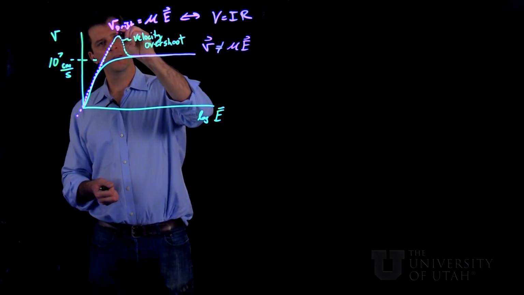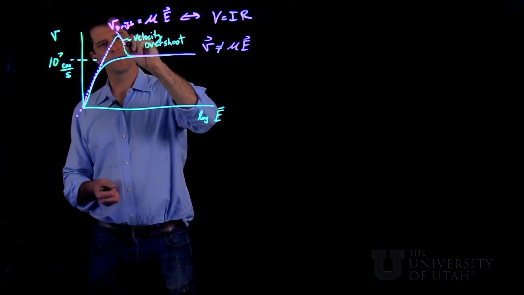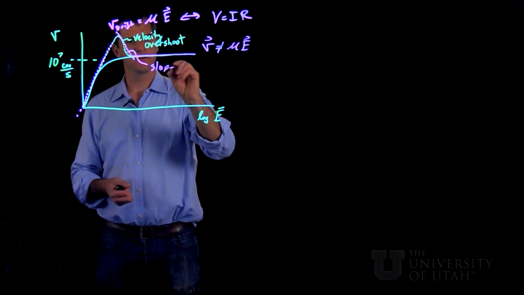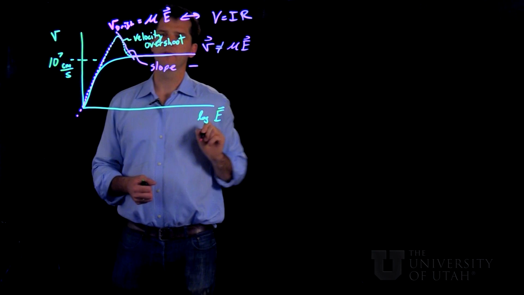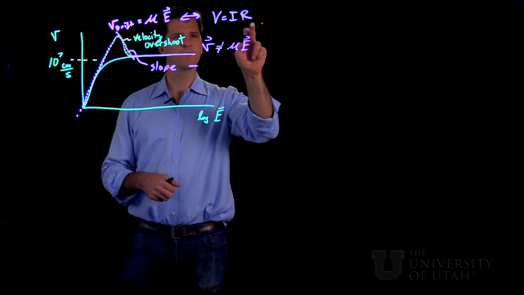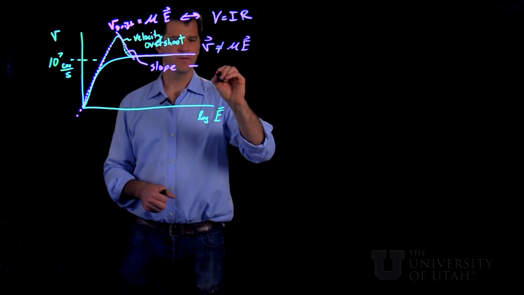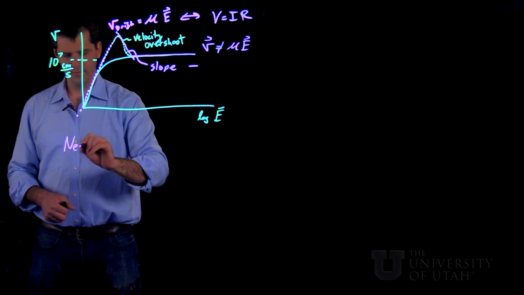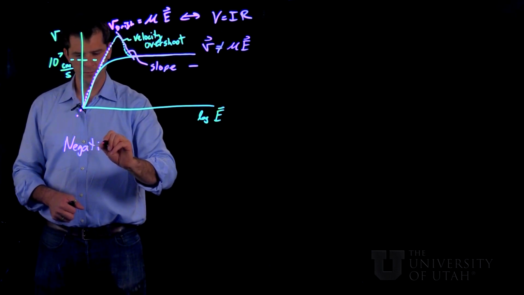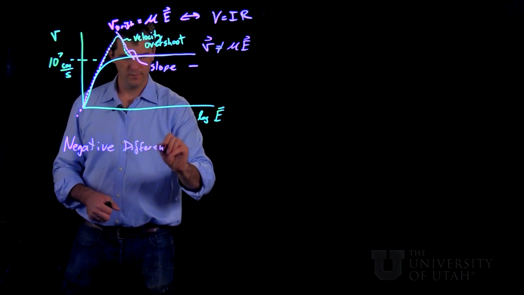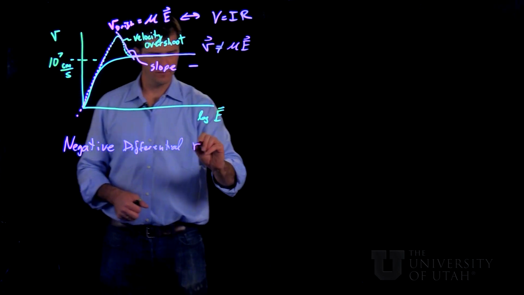And in this case, if you take the slope here, it's actually negative, which means that the resistance here is apparently negative. So this phenomenon is called negative differential resistance.